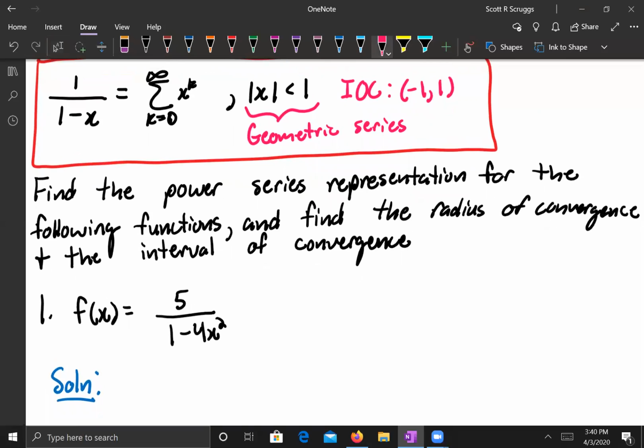And so my question is always to start off with, can I rewrite this like 1 over 1 minus x?